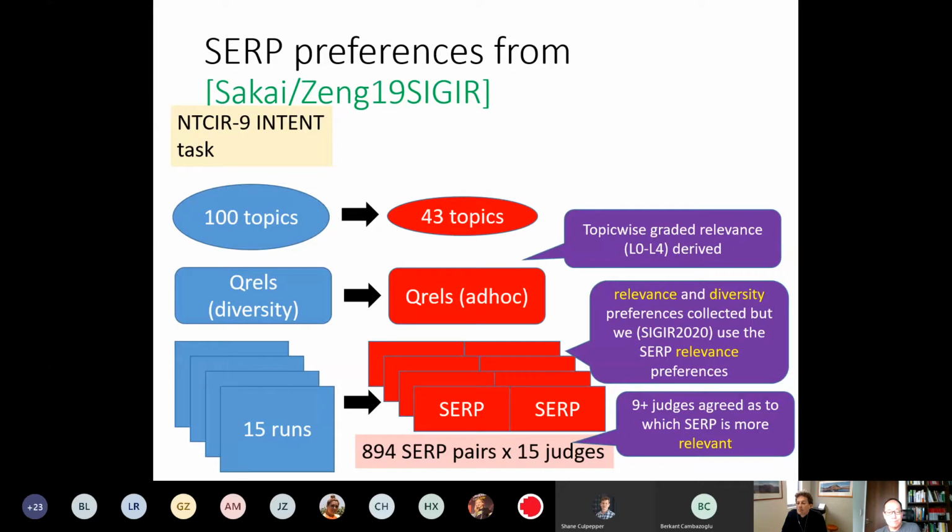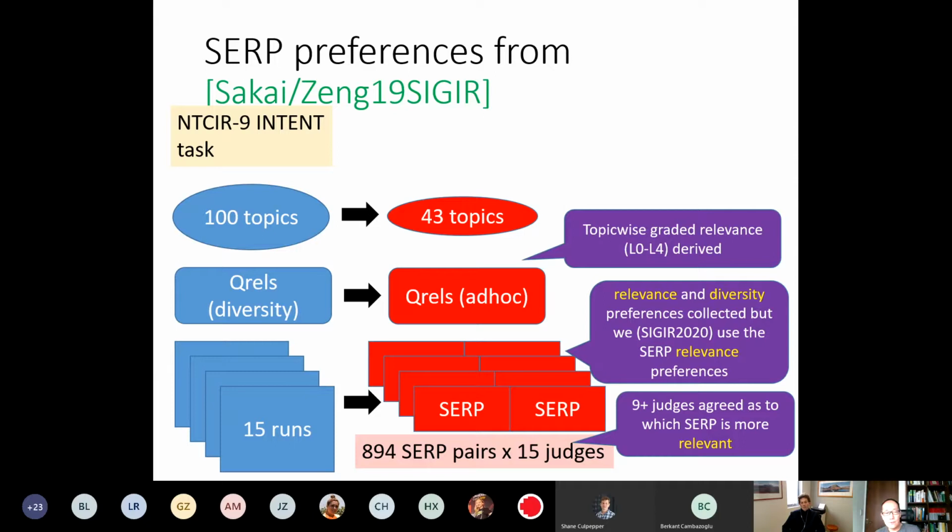These SERPs cover 43 topics, and I converted, using a simple method, the original diversity QRELs into regular traditional ad hoc QRELs. I still have 5-point graded relevance data after converting.